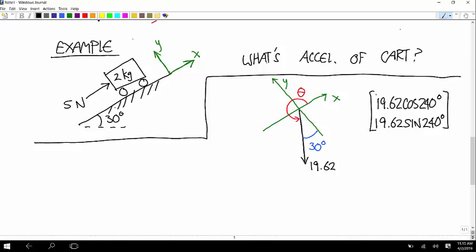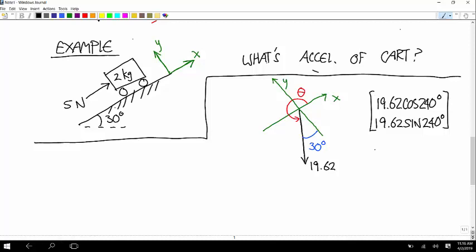And the y component is going to be 19.62 times the cosine of 30, and make that negative. So if you want to use SOHCAHTOA, you can do it that way. But when coming up with that positive counterclockwise angle from the x-axis, you just use cosine and sine. You never have to mess with plus or minus. It does everything for you. I think that's probably the way to go in the age of electronic hand calculators and whatnot.